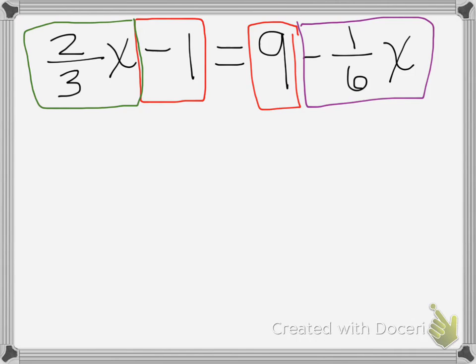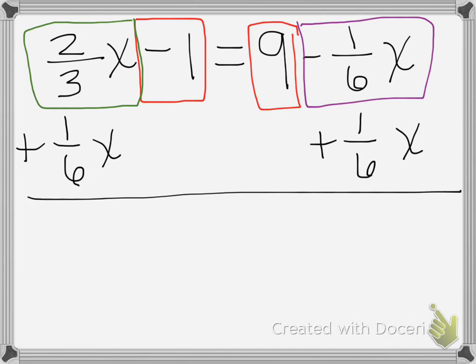Always, you can use your calculator to help you out if you're not comfortable with fractions, but I'm going to look at first getting my variables on the left side. So if I have a negative 1/6 of an x on the right side, I can add 1/6 of an x to both sides where the variables are.